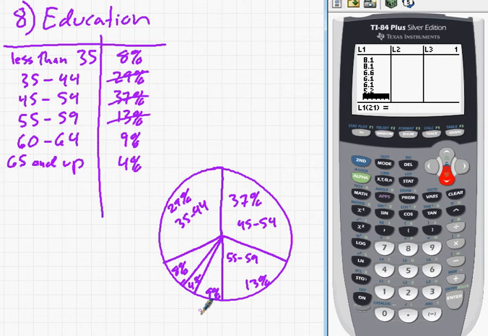The 9 being 60 to 64. This is 65 and up. And this one is the other end of the spectrum, which is less than 35. Not too many professors less than 35. And so let's get rid of those. We've done all of them, and we've actually maintained the consecutive order of them, which is good.